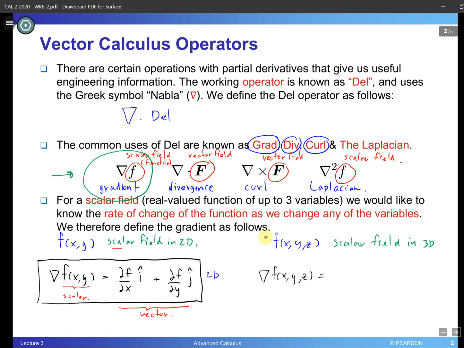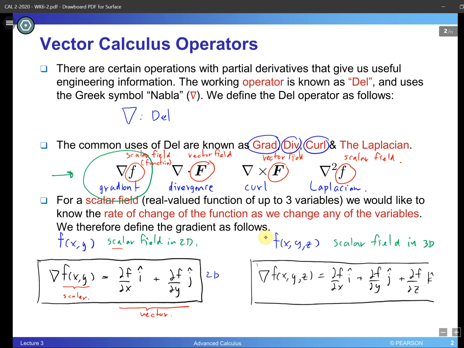And we are going to have df by dx for the first component, df by dy for the second component, and for the last component, of course, df by dz, k component. So that is for 3D, and this one is 2D. Once again, we have f as a scalar function, scalar field, but in the end we have this vector.